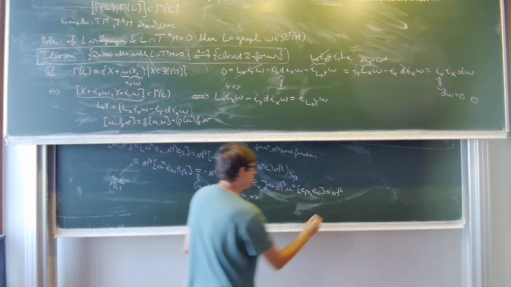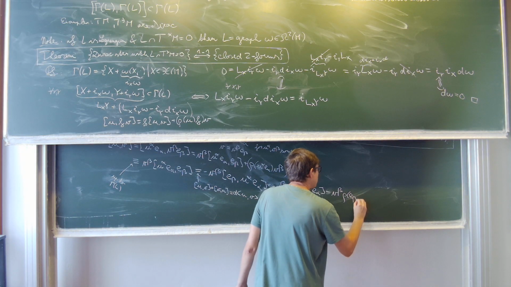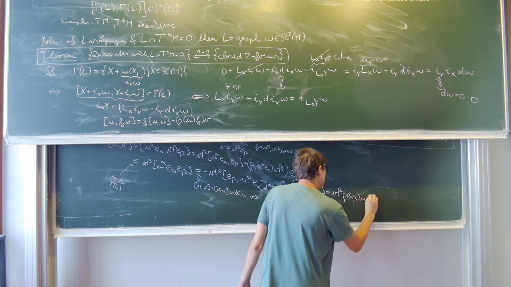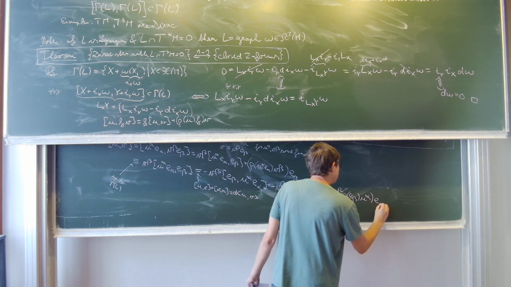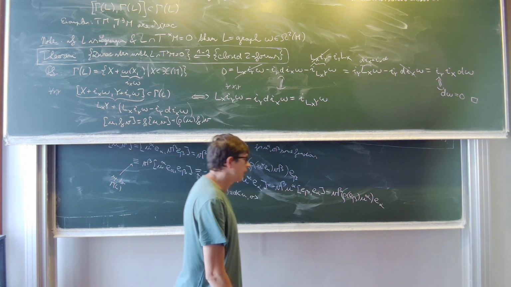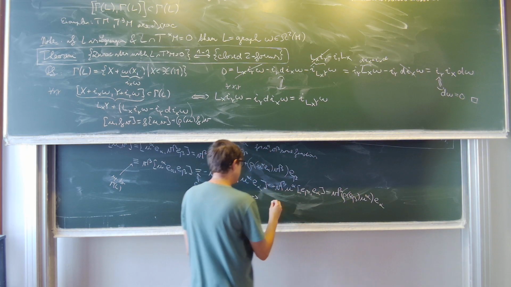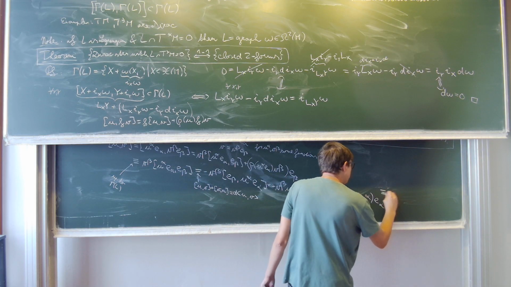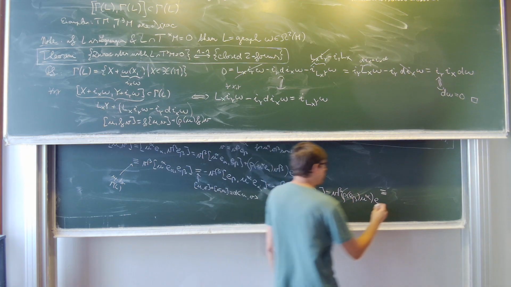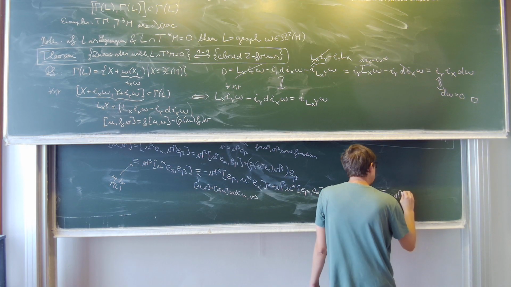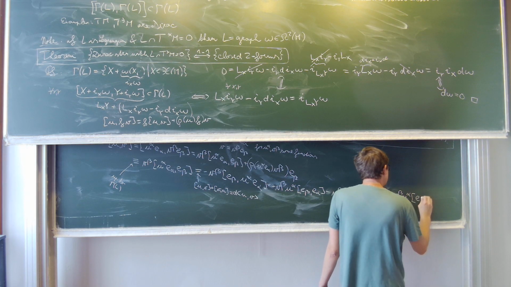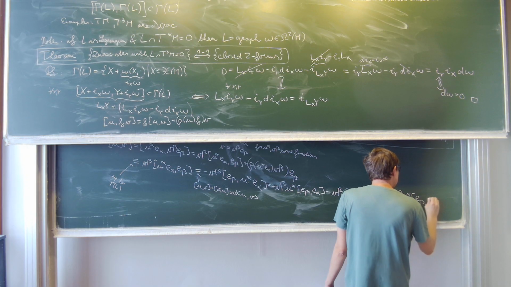And the other guy will be simply rho on E beta acting on U alpha multiplying by E alpha. But again, E alpha was in L, so we can forget about that bit. So this thing is triple equality the same as this guy, minus V beta U alpha E beta E alpha.